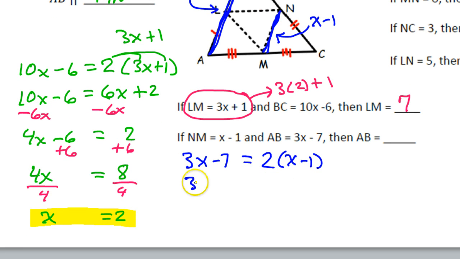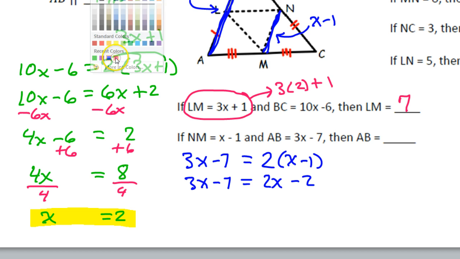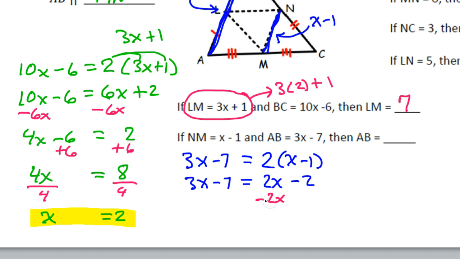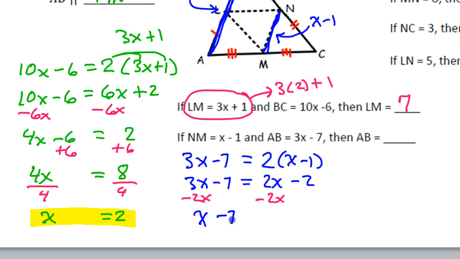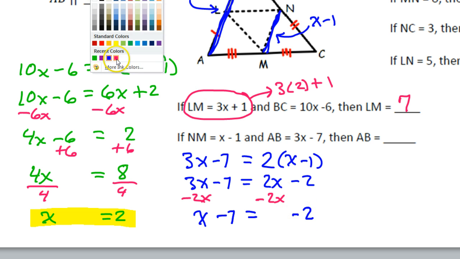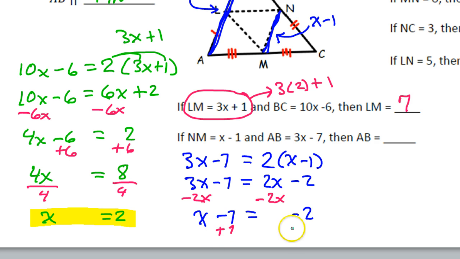Okay, so that means that 3x minus 7 is going to equal 2x minus 2. So subtracting 2x from both sides gives us x minus 7 is equal to negative 2. Adding 7 on both sides gives us x is equal to 5.